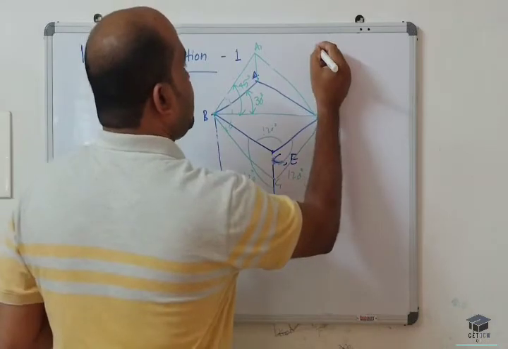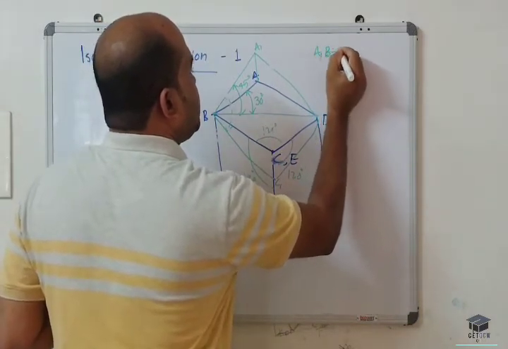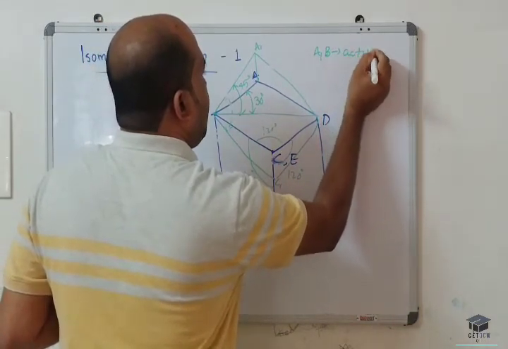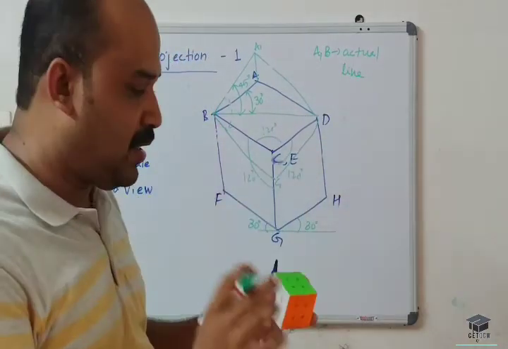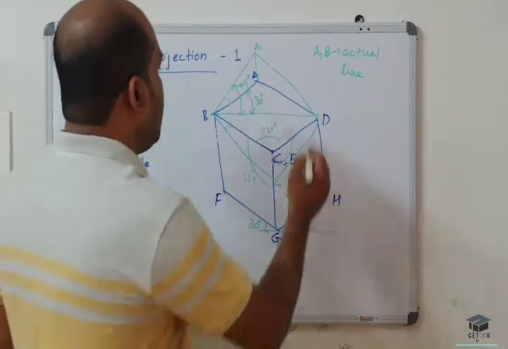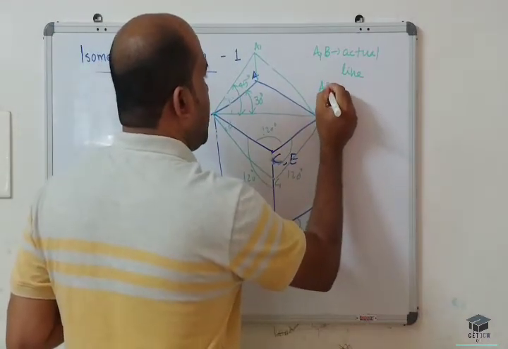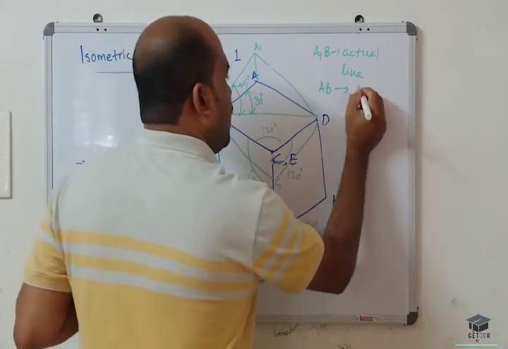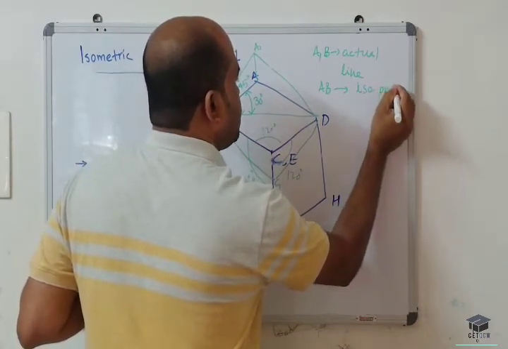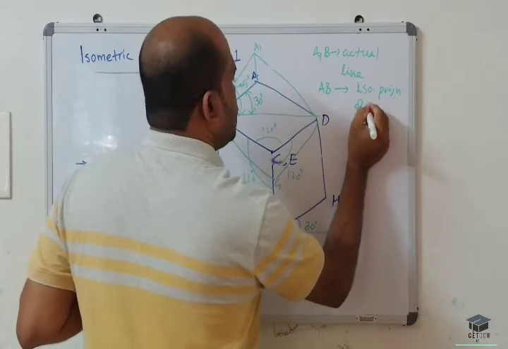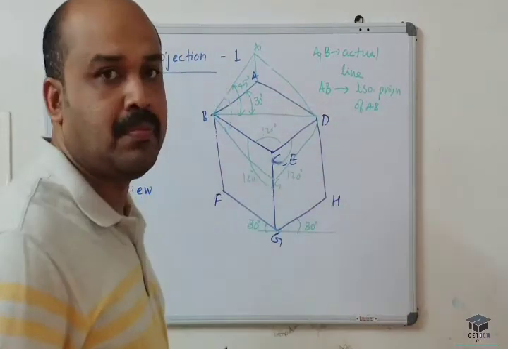So what is A1B? A1B is the actual line, the real line. What is AB? AB is the corresponding isometric projection of A1B.